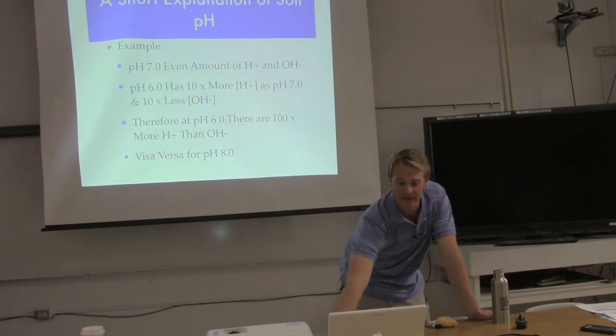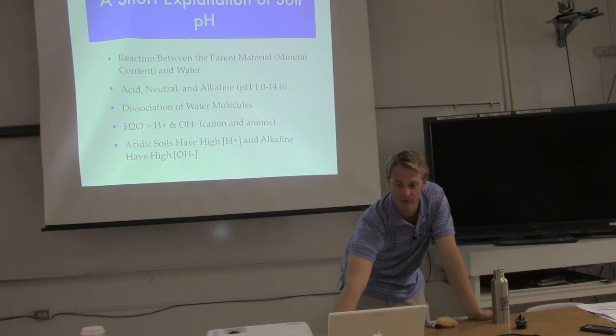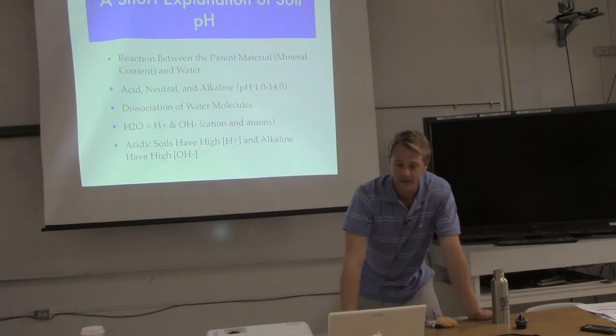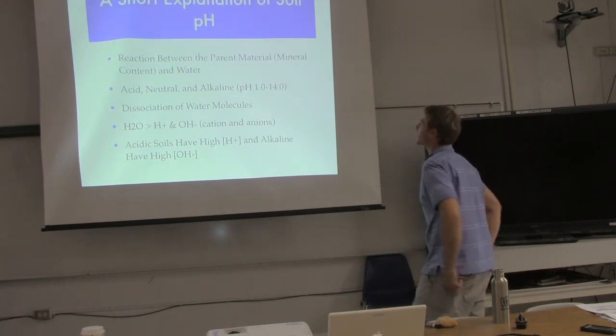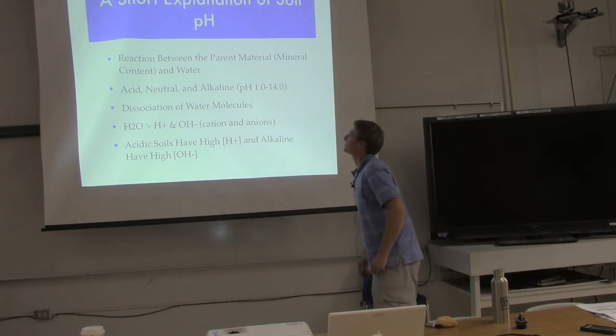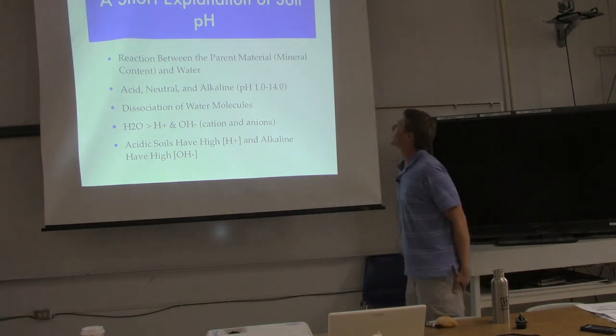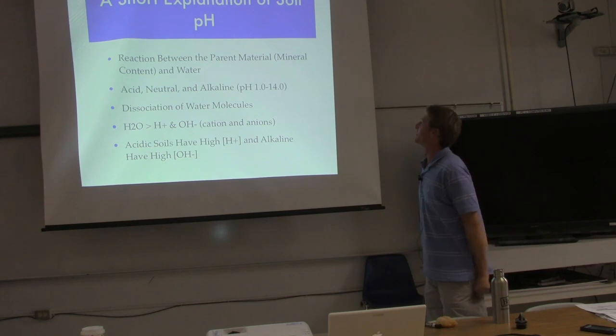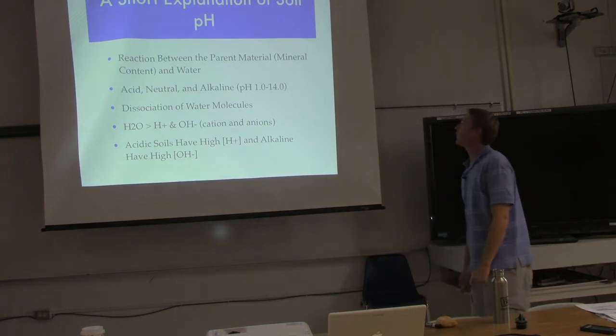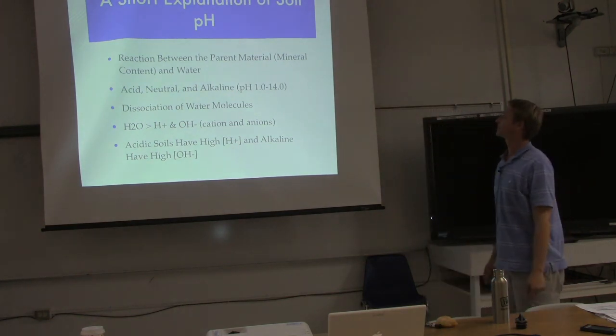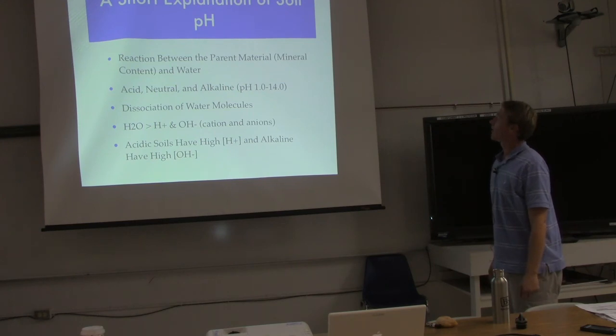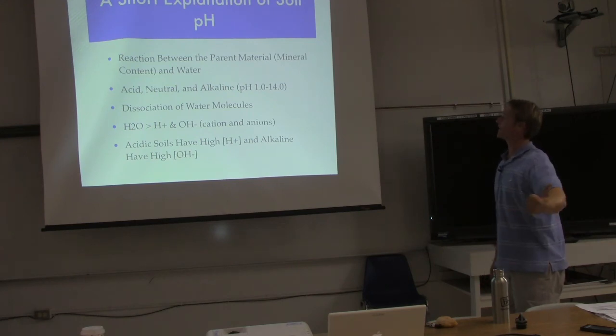Let's talk about pH. A short explanation of soil pH. Soil pH changes during a reaction between parent material and water. You could have an acid environment, a neutral environment, or an alkaline environment.